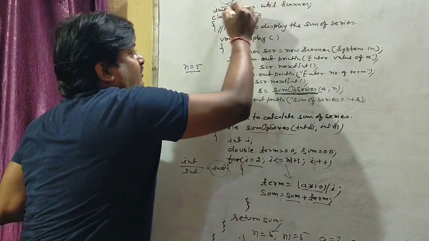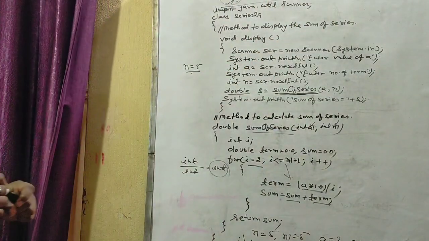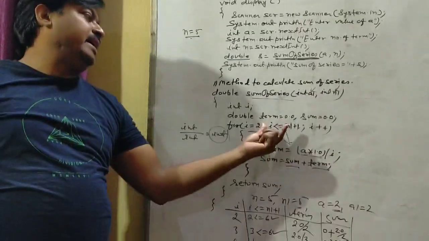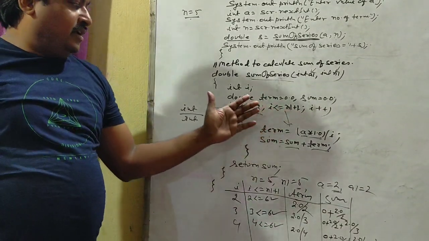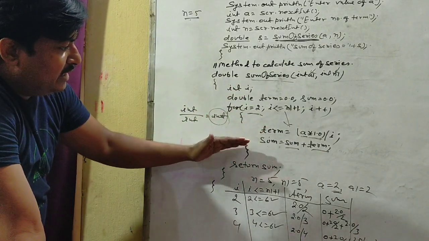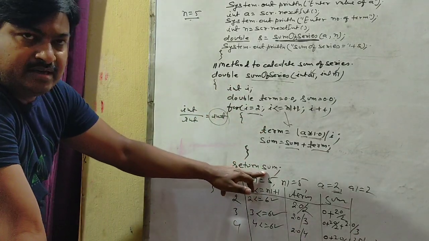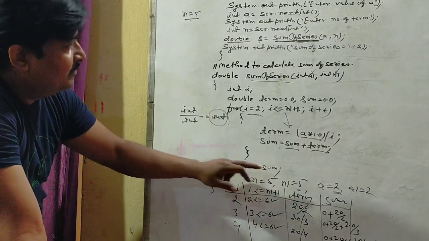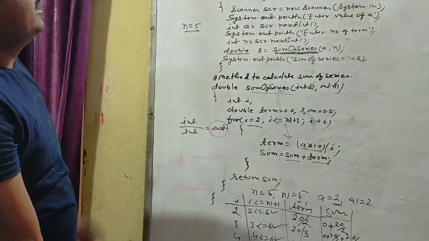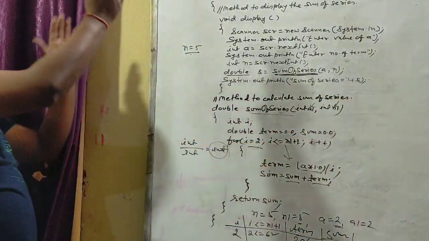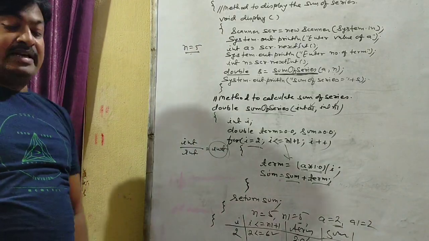After completing this loop, when i reaches n plus 1, we have calculated the sum in the variable sum, and this function will return the value of sum to the caller function, that is display, and here we will print it. So student, this way the sum will be calculated.